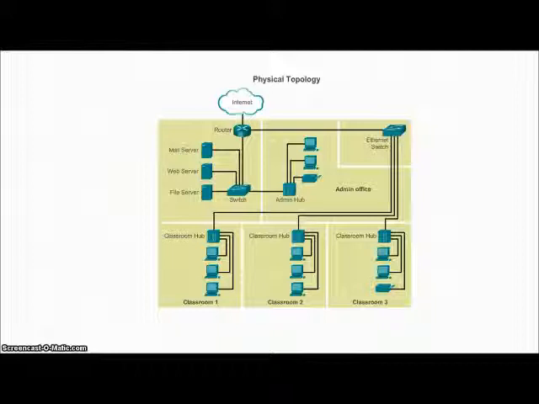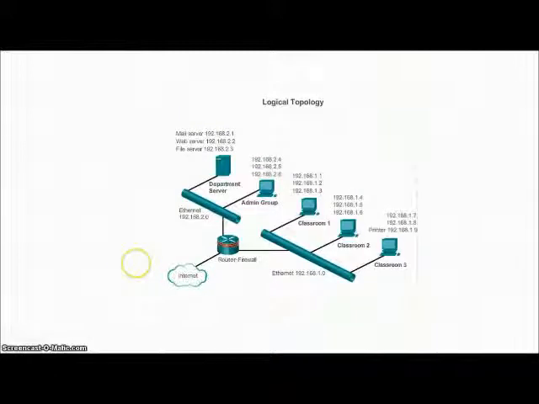The first one is the physical topology, which is on screen right now, and it refers to the physical connections that identify how end devices and infrastructure devices such as routers, switches, and wireless access points are interconnected. Now, the logical topology refers to the way a network transfers frames from one node to the next. This arrangement consists of virtual connections between the nodes of a network.